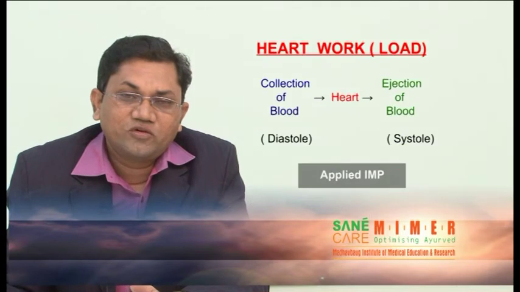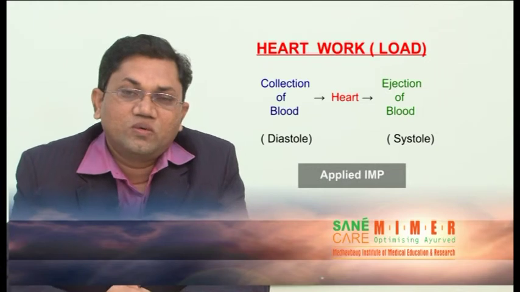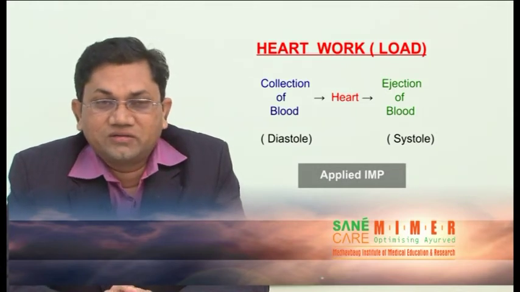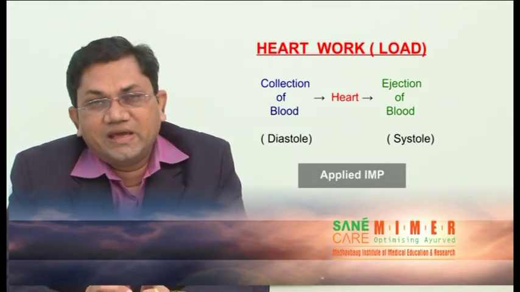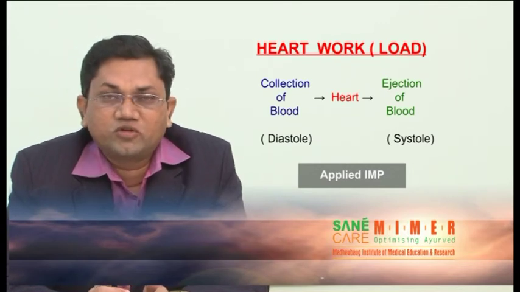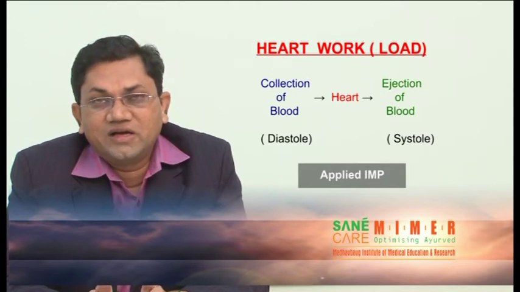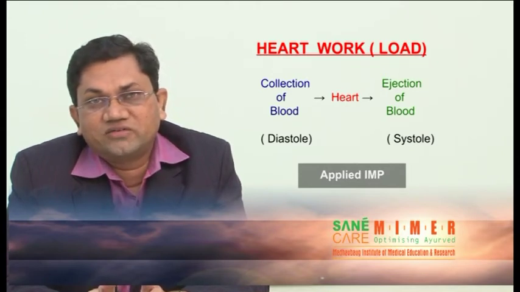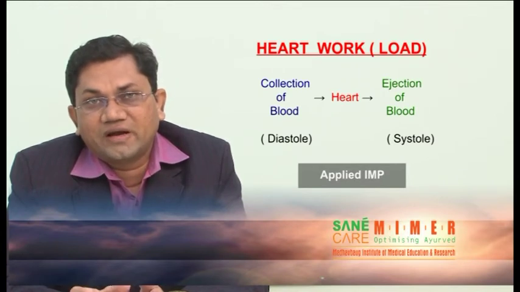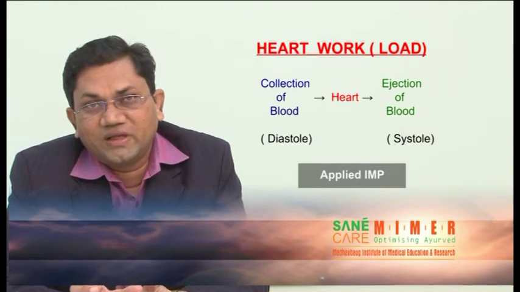Now again coming back to the workload on the heart. As we discussed, workload on the heart is any condition that leads to increased workload on the heart because of damage to the cardiac muscles, which will lead to a reduced ejection fraction, or what we call reduced cardiac output, and that is the basic or root cause of heart disease.